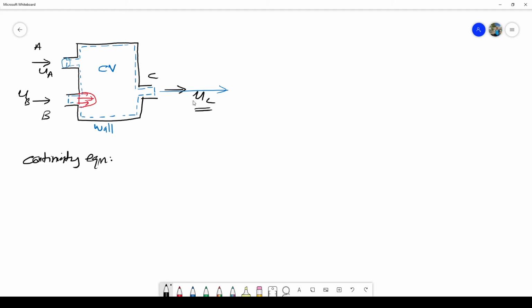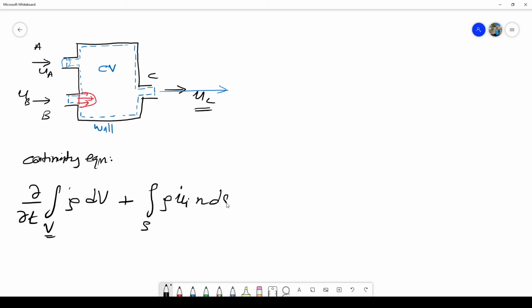In order to determine the velocity entering or leaving the control volume, we just need to use the continuity equation, which is given by this: the integral of rho dV, where I just use one integral symbol but this actually represents the triple integral about the control volume, plus the integral about the control surface of rho u dot n dS, all of which is equal to 0.